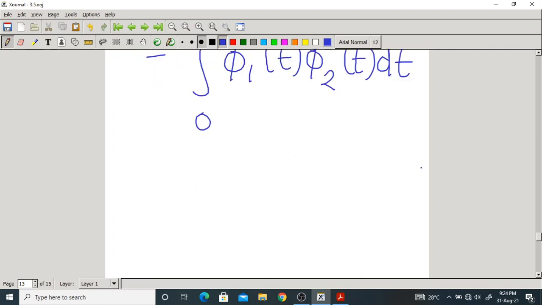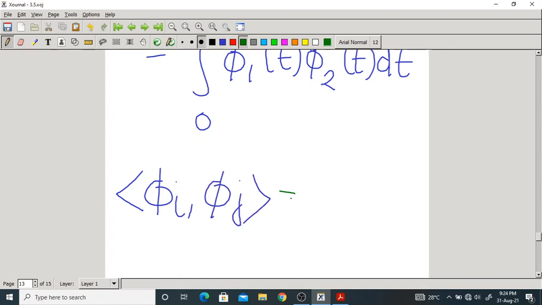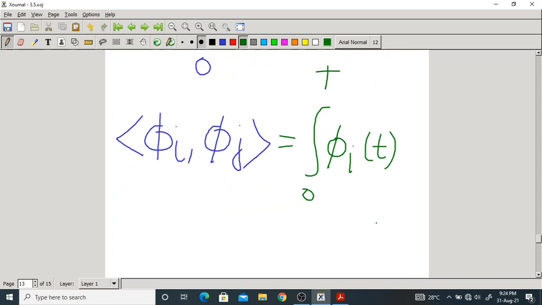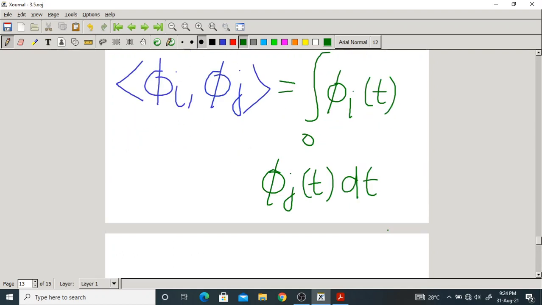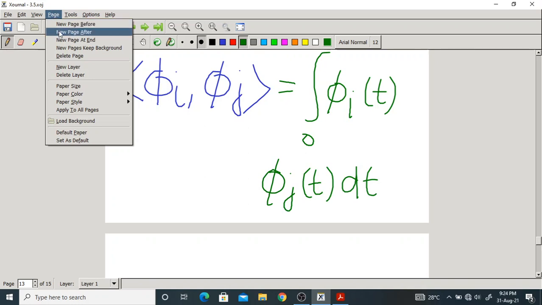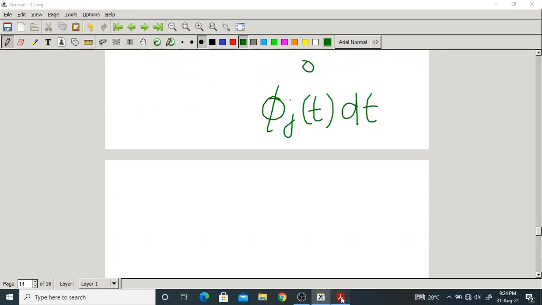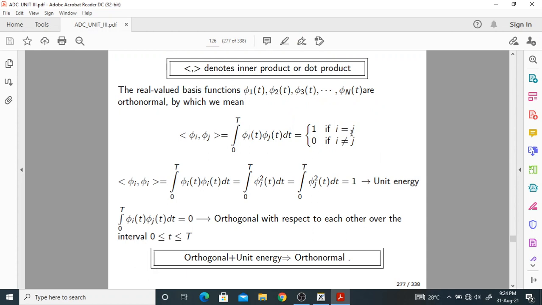Specifically, if I take phi i and phi j and want to find the inner product of these two, obviously what do you do? The integral from 0 to T of phi i of t into phi j of t dt. So what did I write here?